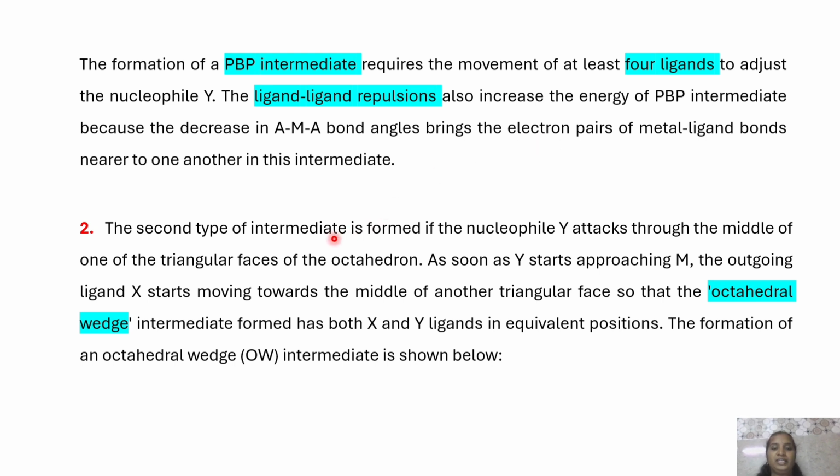The second type of intermediate is formed by the nucleophile Y attacking the middle of one of the triangular faces of the octahedron.